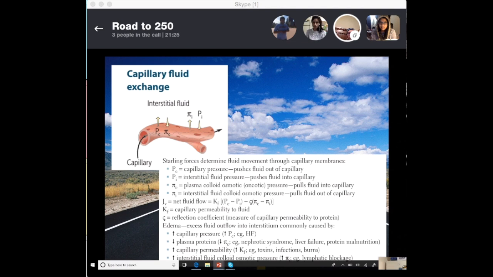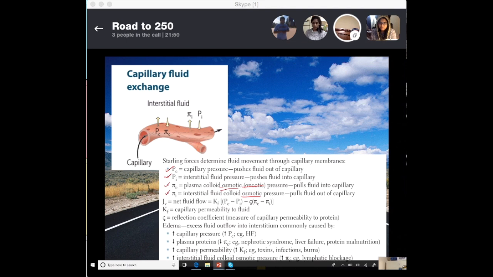This is all the First Aid section, but this is just to overview and show you the equation. Again, the P's stand for the pressures, interstitial and capillary, whereas the pi's represent the oncotic, osmotic pressure, same thing.